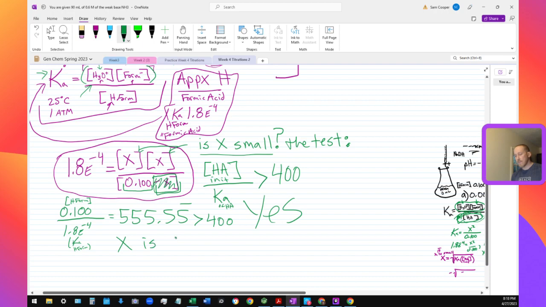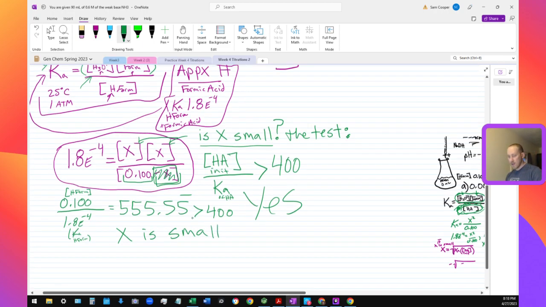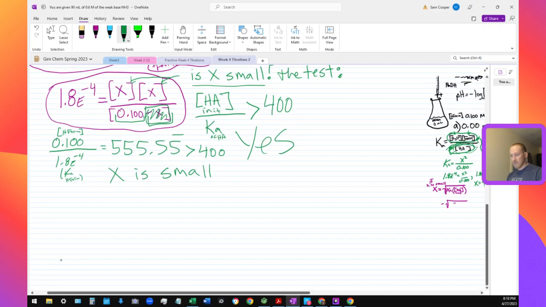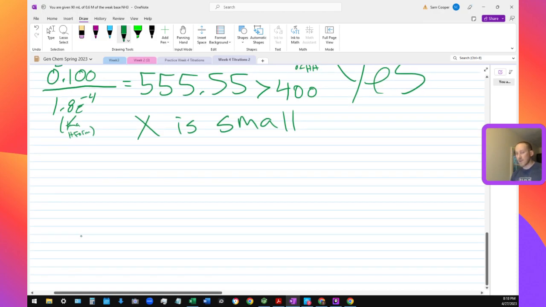x is small. And I know this is a lot of setup on this question, but that's just the way it goes. Maybe we'll jump around on some of these. So, based on x being small, we can say that that x in the denominator doesn't really matter.